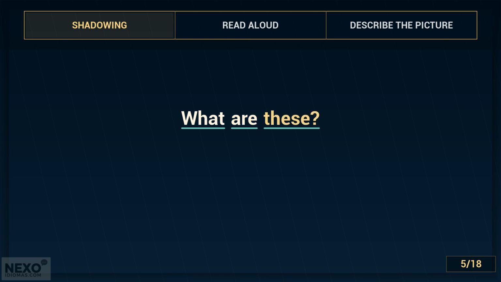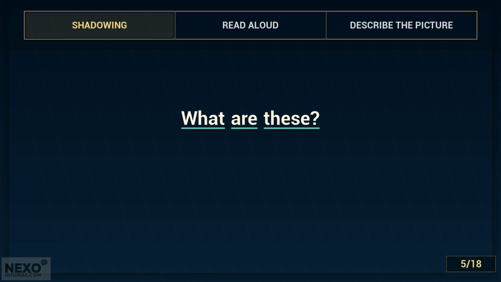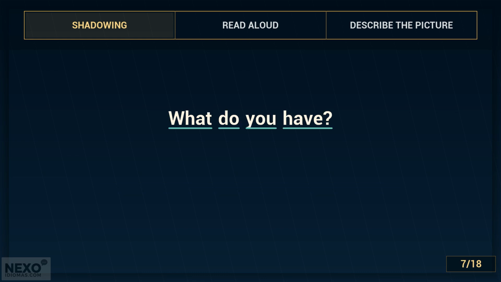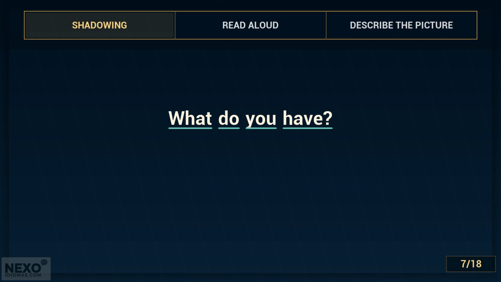What are these? They are 2 keys. What do you have? I have a notebook.